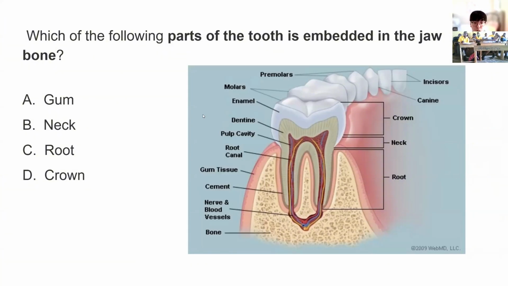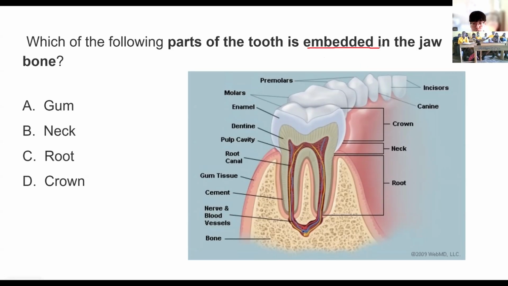Which of the following parts of the tooth is embedded in the jaw? What is in the jaw, do you think? Embedded means being put into, like being inserted into.